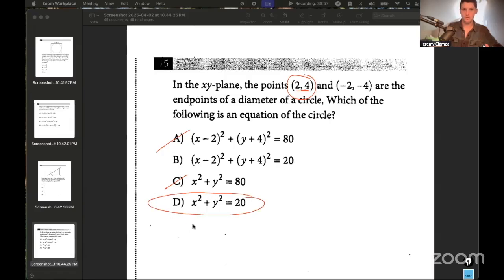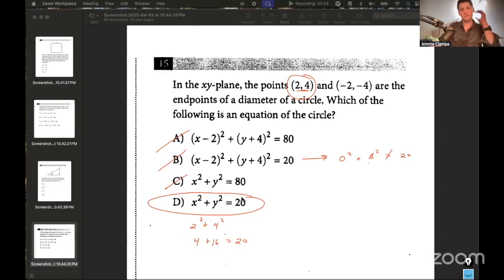That would be 2 squared plus 4 squared, in other words 4 plus 16, and that does equal 20. Over here, if you put in those values, let's see what happens. 2 for x means 2 minus 2, or 0 squared, plus 4 for y plus 4 is 8 squared. And of course, that does not equal 20. That equals 64.